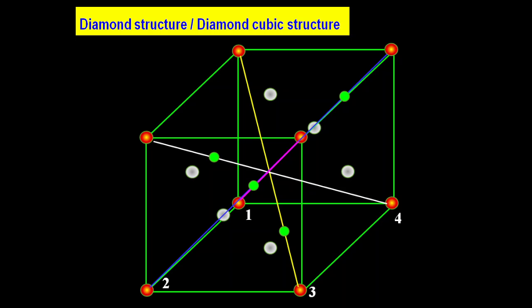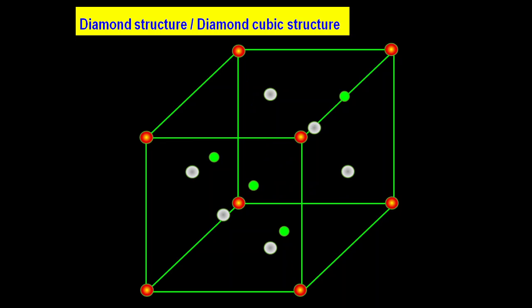Now we will see the coordination number, or coordination of the carbon atoms, or coordination of atoms in this diamond cubic structure. Okay, so this is the one atom. This one atom inside the unit cell is coordinated by 4 other atoms.